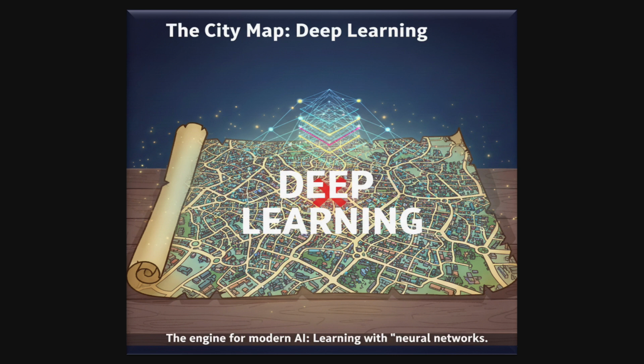That's where the deep comes from. This depth allows them to learn every street, alley, and secret shortcut. It's what allows them to understand incredibly complex patterns like the nuance of human language or the essence of an artistic style. All the amazing generative AI tools we will use are powered by deep learning. It's the X that marks the spot.